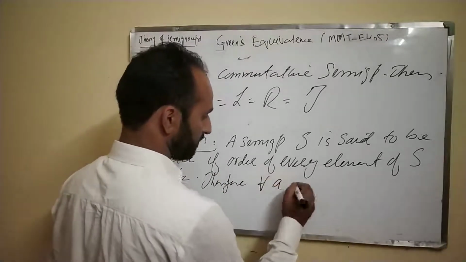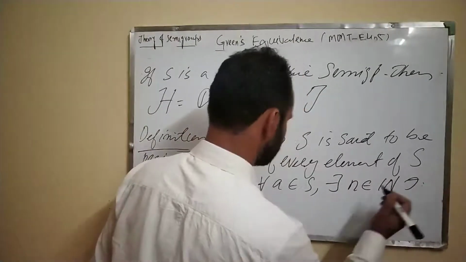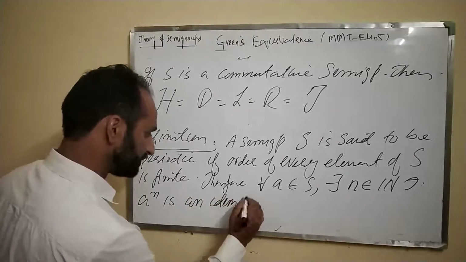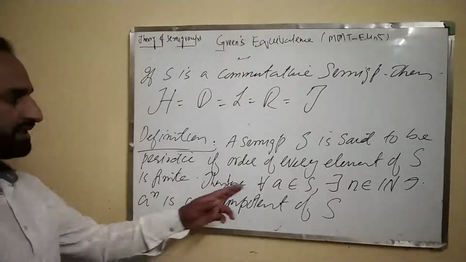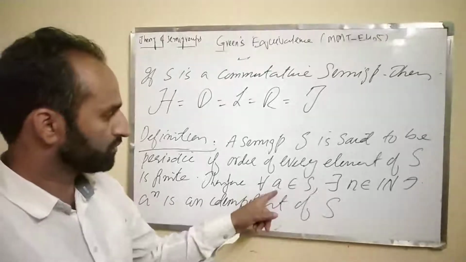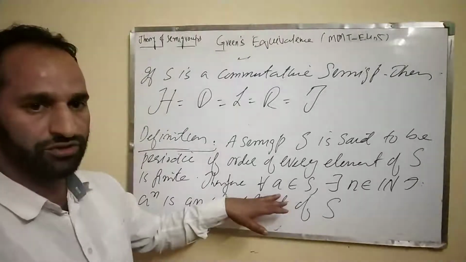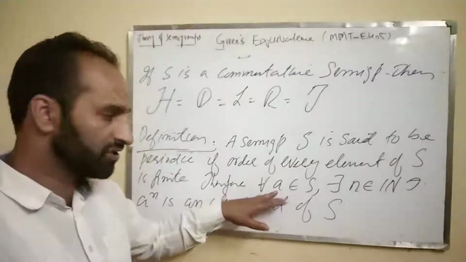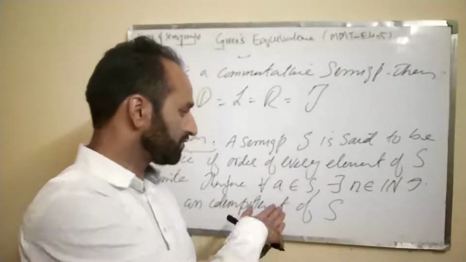therefore for all A belonging to S, there exists a natural number n such that A power n is an idempotent of S. Because A belongs to S, it has a finite order. Therefore the monogenic semigroup generated by A is a finite monogenic semigroup, and that finite monogenic semigroup must have a subgroup, and the identity of that subgroup is an idempotent of the finite monogenic semigroup.